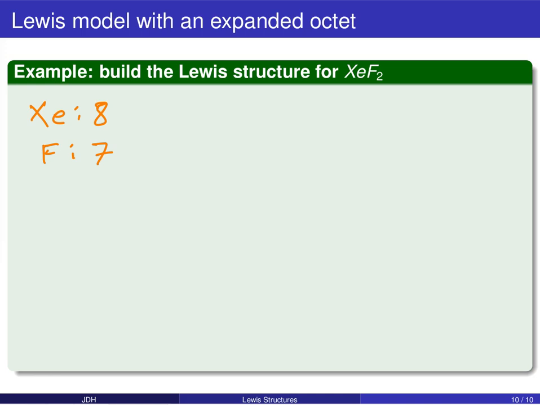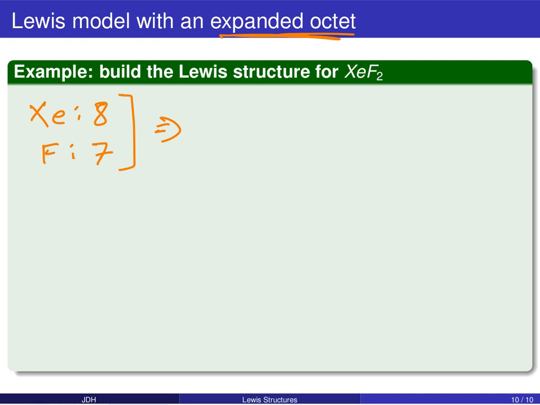Okay, so let's close with a final example here, XeF2. Let's build up the Lewis dot model, and we'll see that this molecule is an example of an expanded octet situation. For XeF2, the total number of valence electrons is 7 for each of the fluorines and 8 for the xenon.